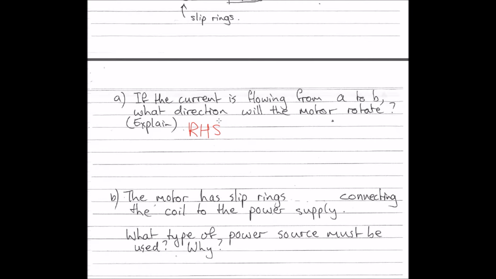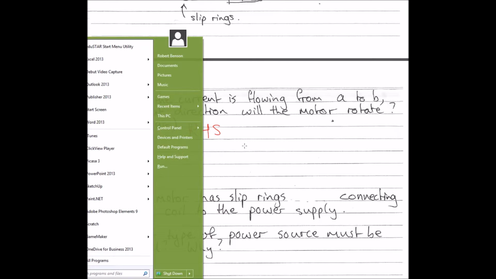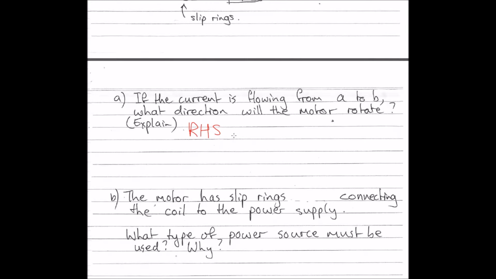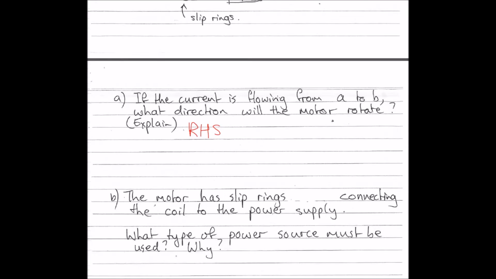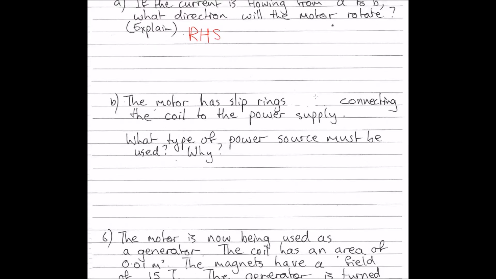You shouldn't refer to any of those generator terms when you're doing it. Okay, so right hand slap rule, you've got to explain why you're making that decision. The current is going into the page, the field is going from left to right, so according to the right hand slap rule, the force on AB will be down, so it will turn anti-clockwise.